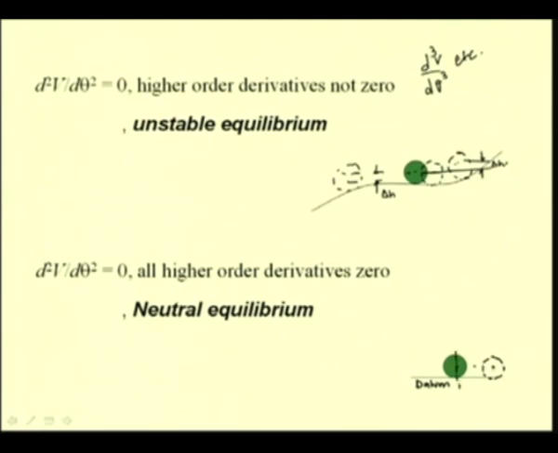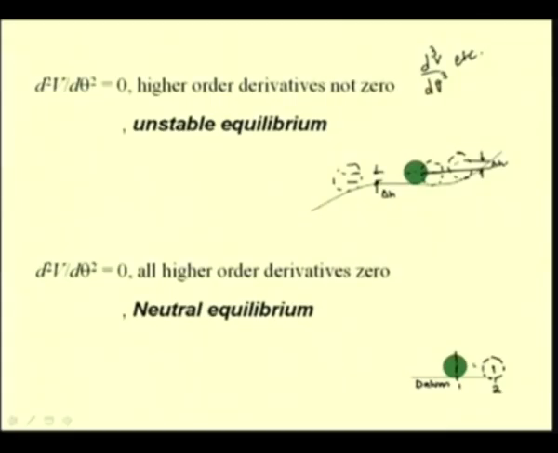Say if this position is 1 and this position is 2, position 1 as well as position 2 have the same potential energy and both positions are equilibrium positions. In fact, any position occupied by this sphere is an equilibrium position, and the sphere doesn't have a tendency to come back to any of the equilibrium positions if we disturb the sphere.